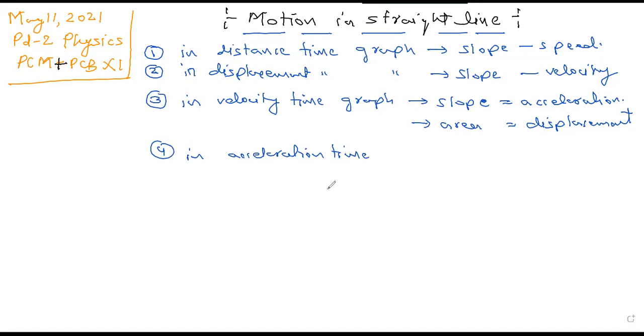So in the acceleration time graph, slope is jerk and area is velocity. I take you through the acceleration time graph.